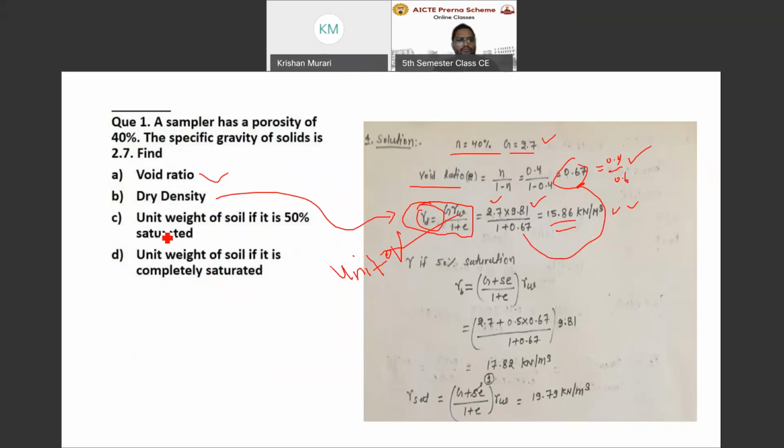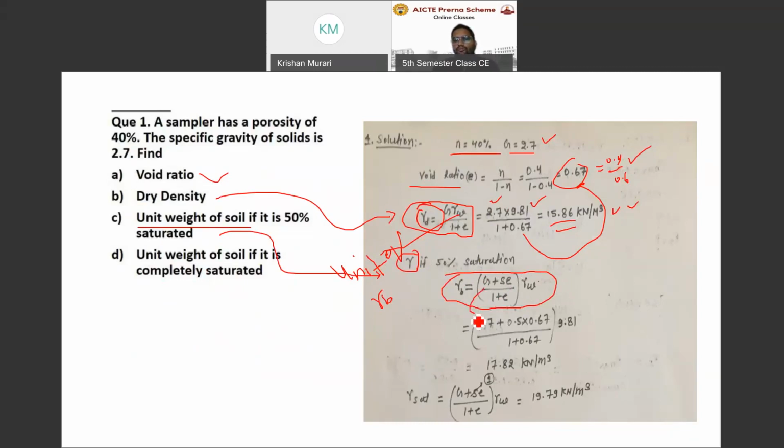Next, the third portion is if the soil is 50% saturated. So here you can find the unit weight. For the bulk unit weight condition, the formula is (G plus Se) gamma w upon 1 plus e. Here G is the specific gravity, S is the degree of saturation, e is the void ratio, and gamma w is the unit weight of water. So write all the values in the formula and find the value of bulk unit weight.